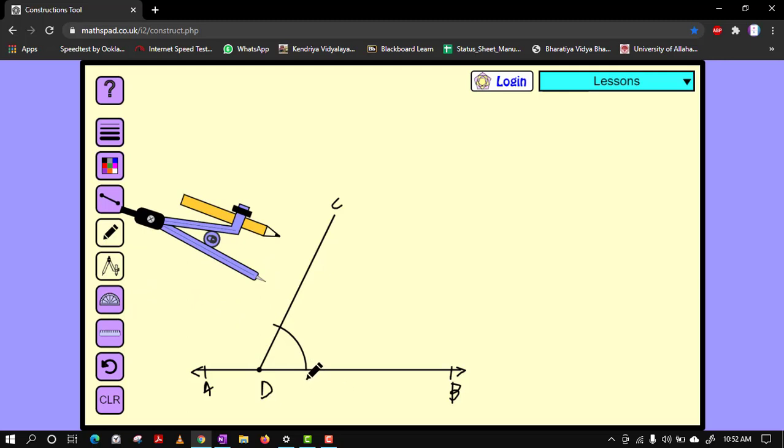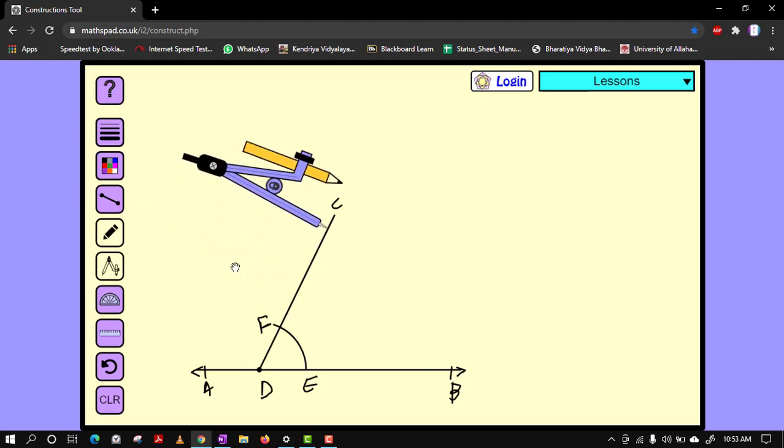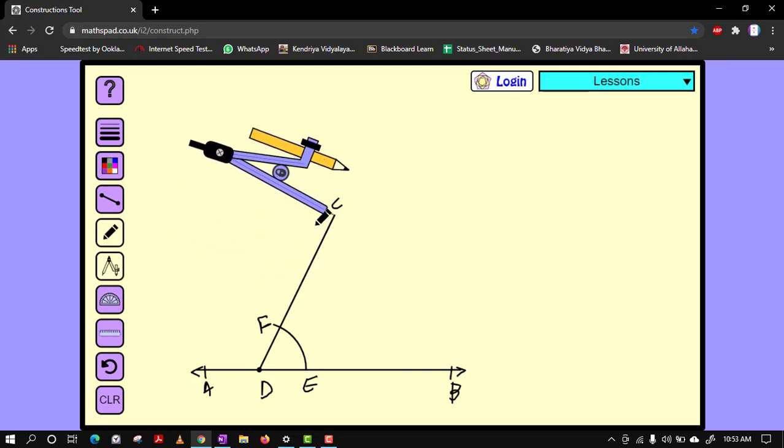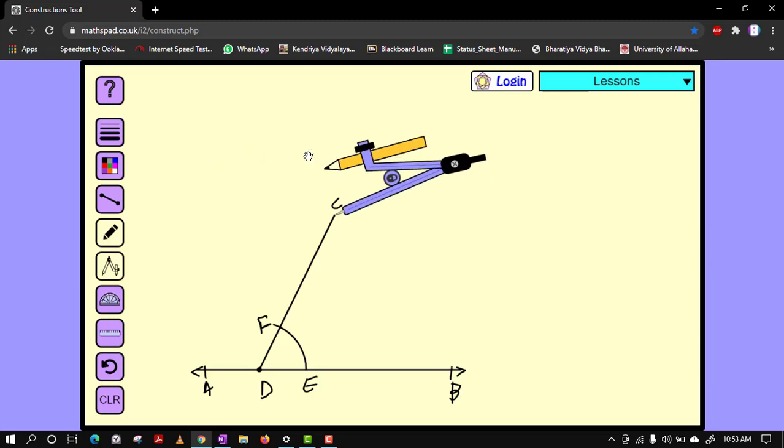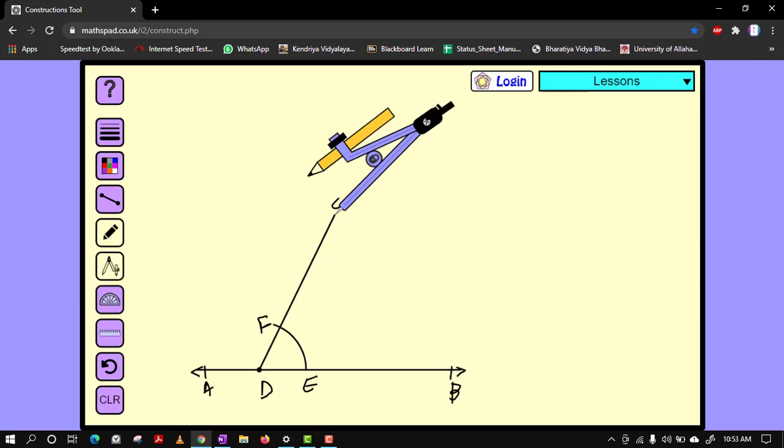Let me call it E and X. So I will draw the same arc on point C with the same radius without disturbing the compass. So let's draw that. Bring it a little closer to this side.